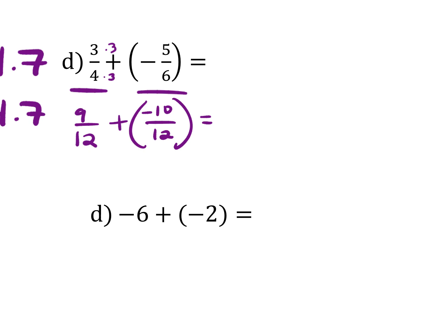Subtract them. Okay, so 10 twelfths minus 9 twelfths is how many twelfths? 19. Wait. 1. 10 minus 9 is 1 twelfth. Okay, is your answer positive 1/12 or negative 1/12? Negative, because the bigger one is the negative.